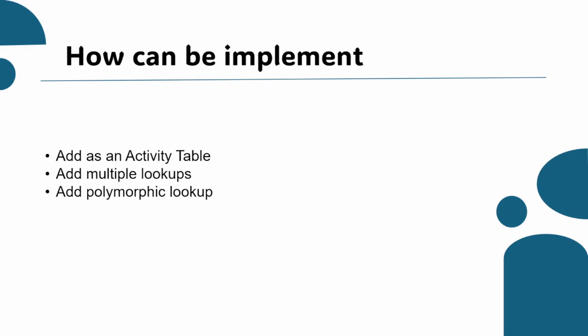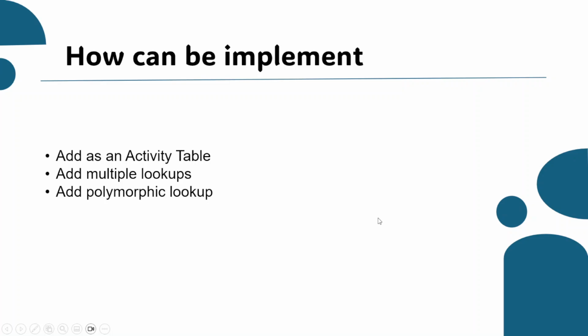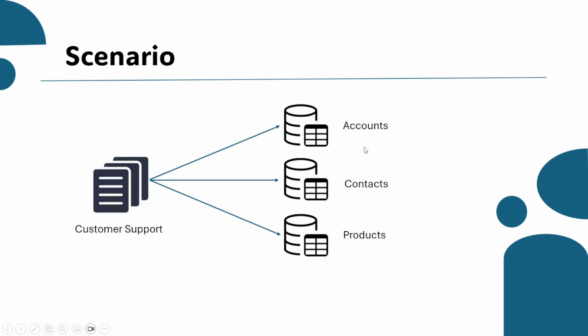Either we had to use the activity table, or we had to use multiple lookups, for example, a lookup for accounts, a lookup for contacts, and a lookup for products. But now, with the polymorphic lookup, we only need to create a single field, and it will reference all three tables: accounts, contacts, and products.